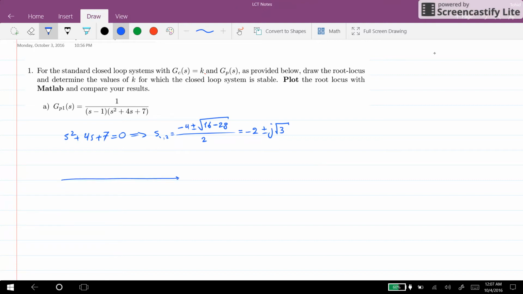So we have poles of the system located here at 1 and -2 plus or minus j square root of 3.